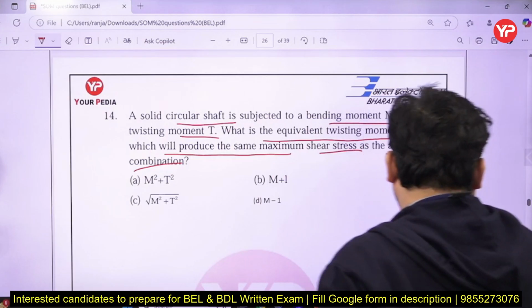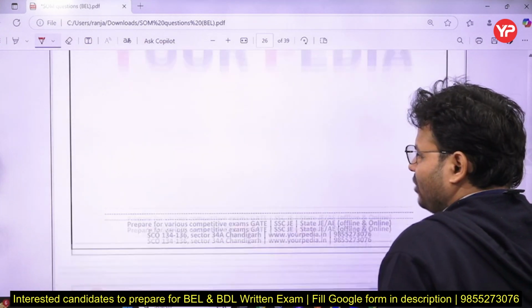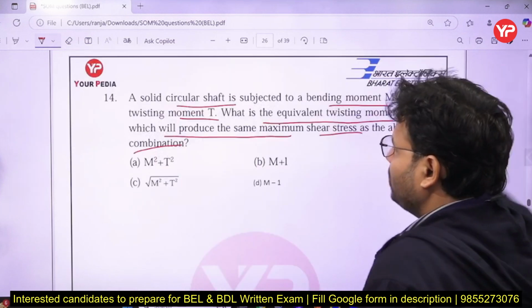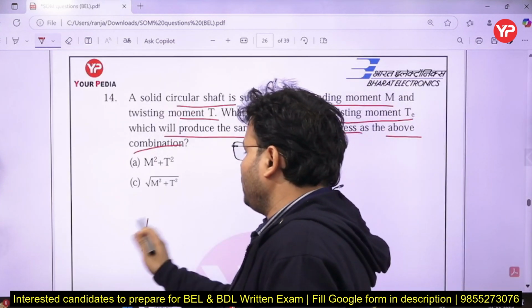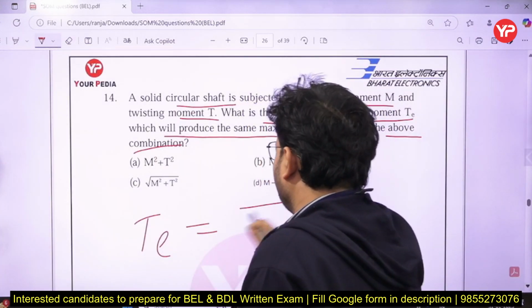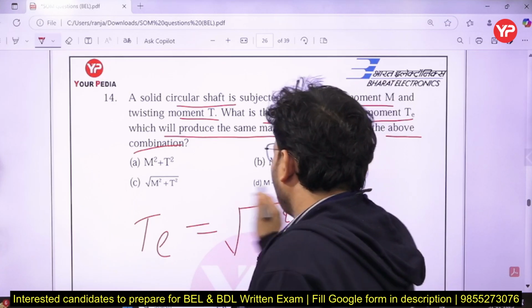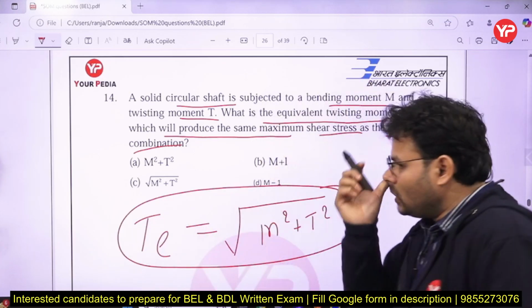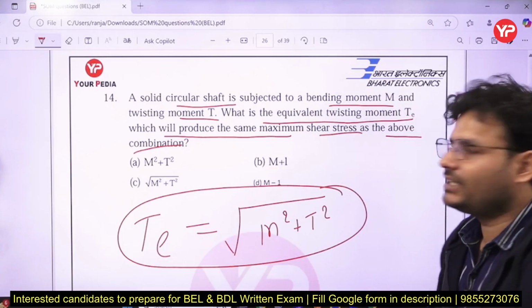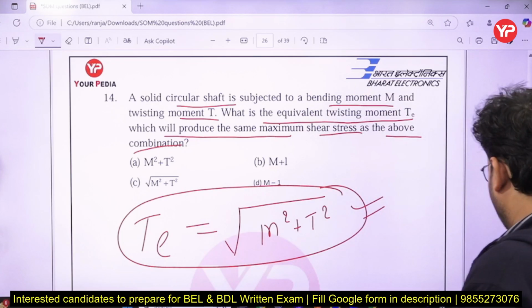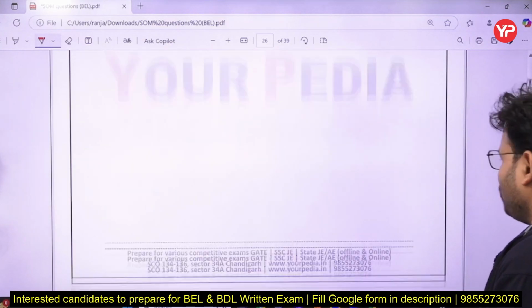Yes, C is the right answer. Try to remember that one. The equivalent twisting moment is root under of M square plus T square. This is called the equivalent twisting moment that you are going to get. So try to remember that formula directly. Various times you will find that type of question in your exams.